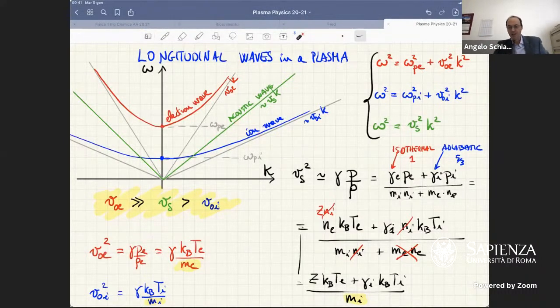So you see that the plasma is actually an environment where we have all kinds of waves interacting with each other, and there will be the possibility for what? For mixing together different kinds of waves.